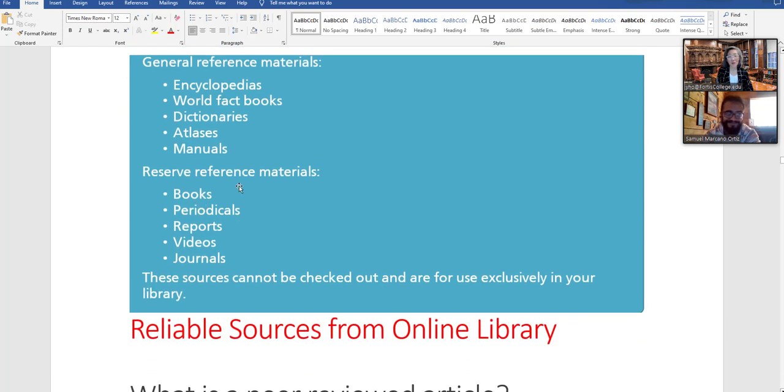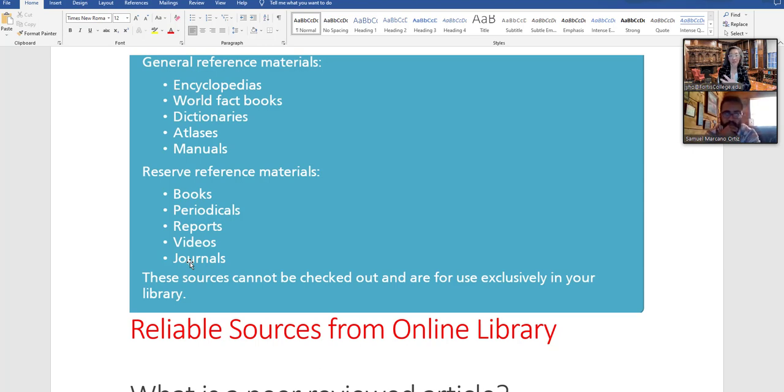And then in the library, anything in the library is also online. It's also reliable. So books, periodicals, reports, videos, and journals. In a regular library, they have a reserve room where everybody shares those particular resources. Let's say you have a rare collection of what President Lincoln wrote.